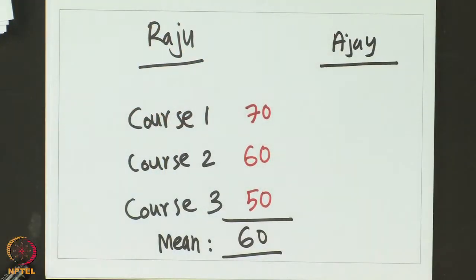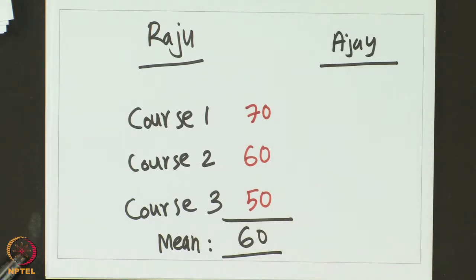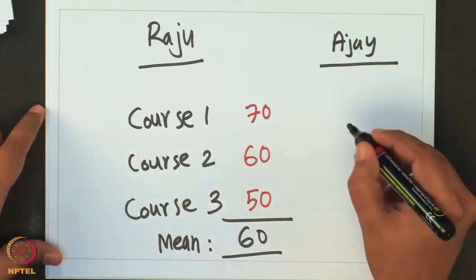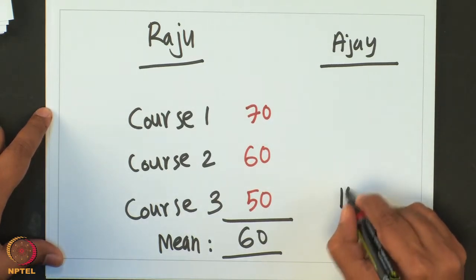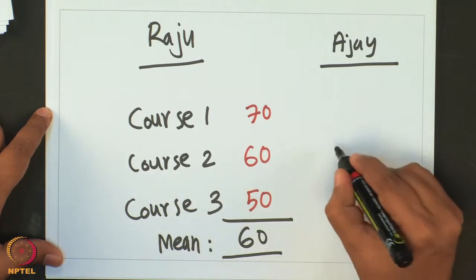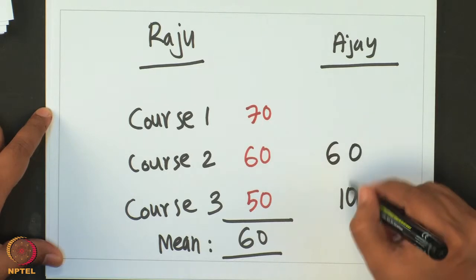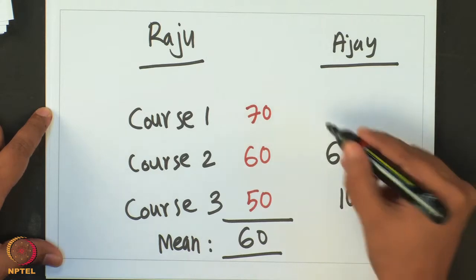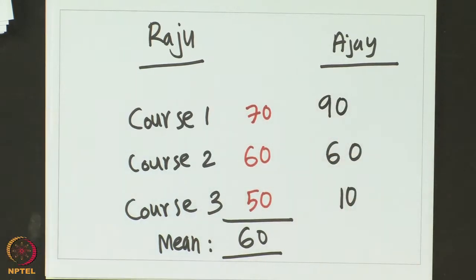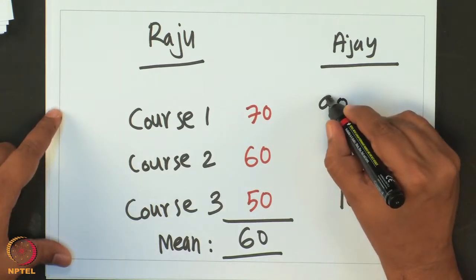Let us say he got in one course only 10 marks, in another course he got 60 marks, and let us say in the other he got 80 marks.